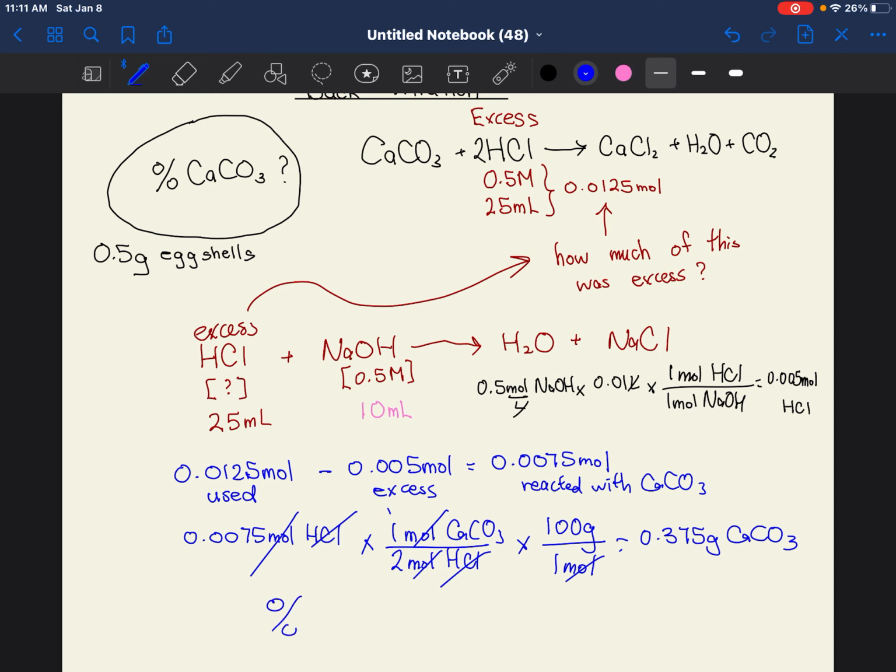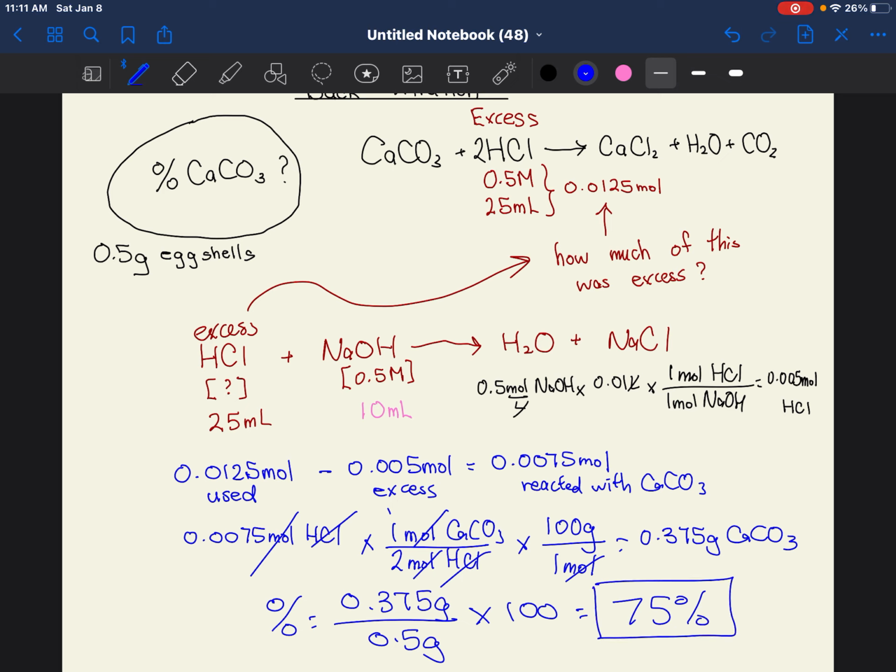Well, that's simple. 0.375 grams over 0.5 grams times 100. That would be 75%. Okay, so that's how you find how much calcium carbonate was in eggshells.